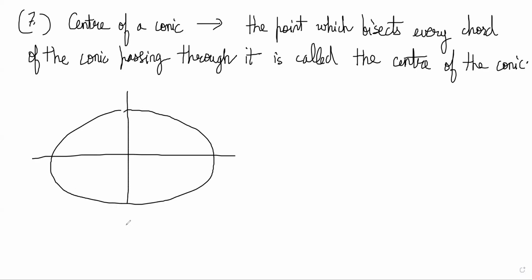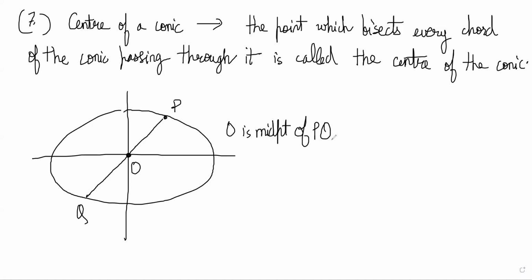So for example, if this is my ellipse, the center of the conic is this point O. Because if you have a chord passing through this and this chord is PQ, you can show that O is midpoint of PQ. And any other chord also, if it was RS, basically all the chords passing through O are bisected at O. O is also midpoint of RS.